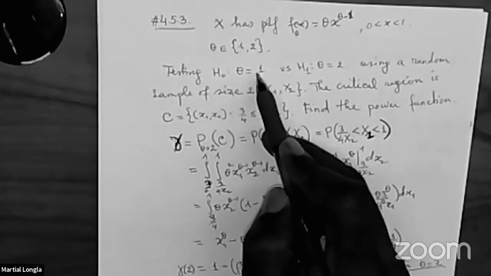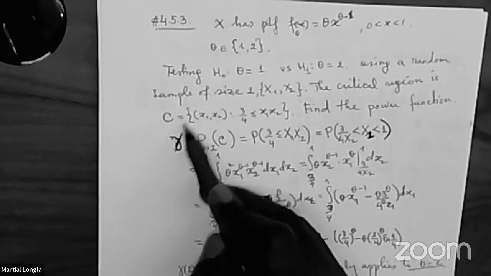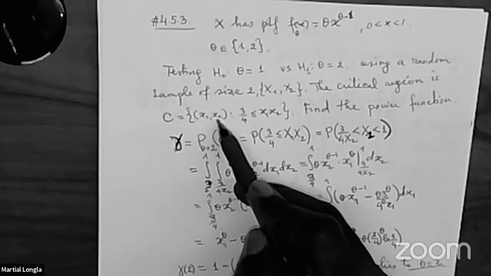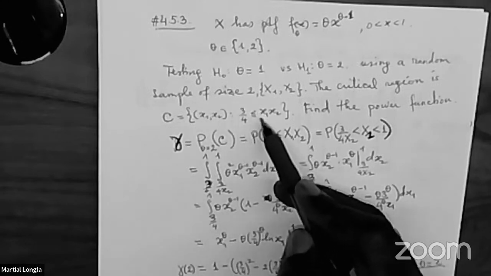And you want to test H0: theta equals 1 versus H1: theta equals 2 using a random sample of size 2, x1, x2. The critical region is given by C equal to the set of all (x1, x2) such that 3/4 is less than or equal to x1 x2.